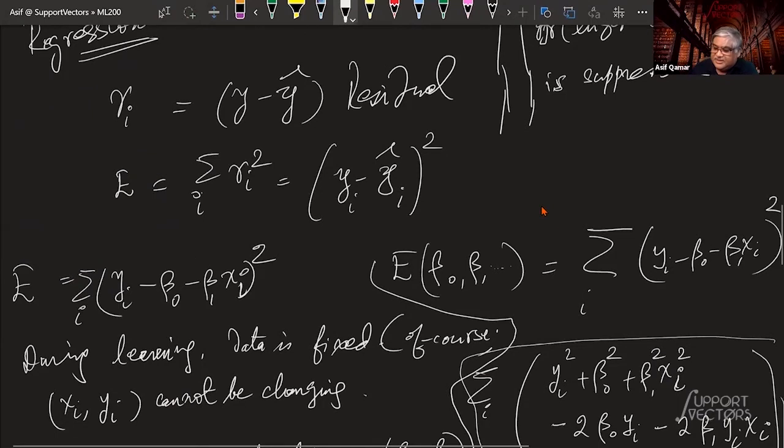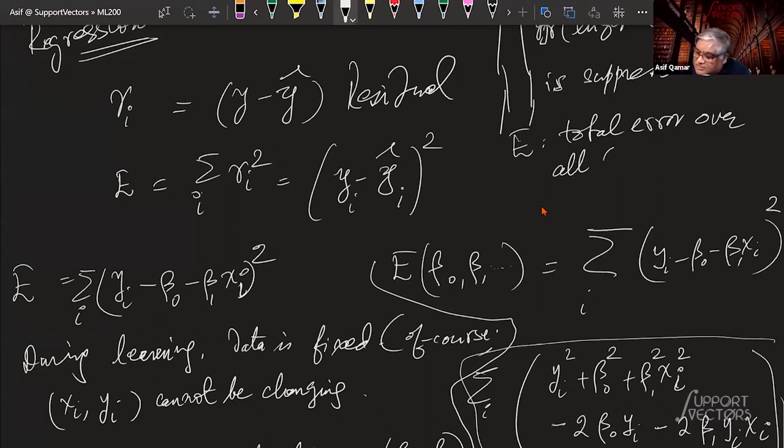E by definition is the total error over all data points.